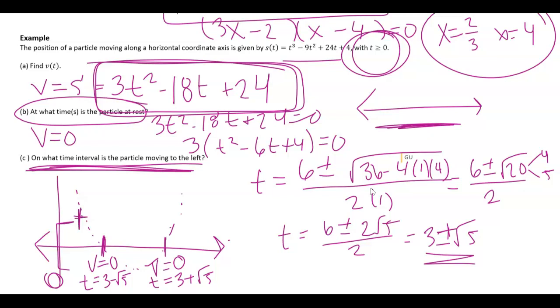Which means velocity must be positive here, negative here, and positive here. Well, then my particle must be moving to the left between those two values. So from 3 minus root 5 to 3 plus root 5.